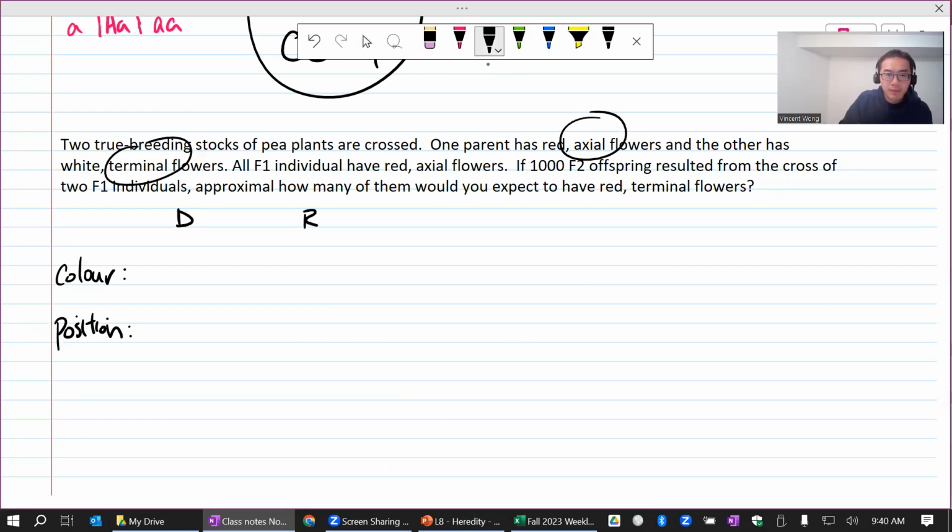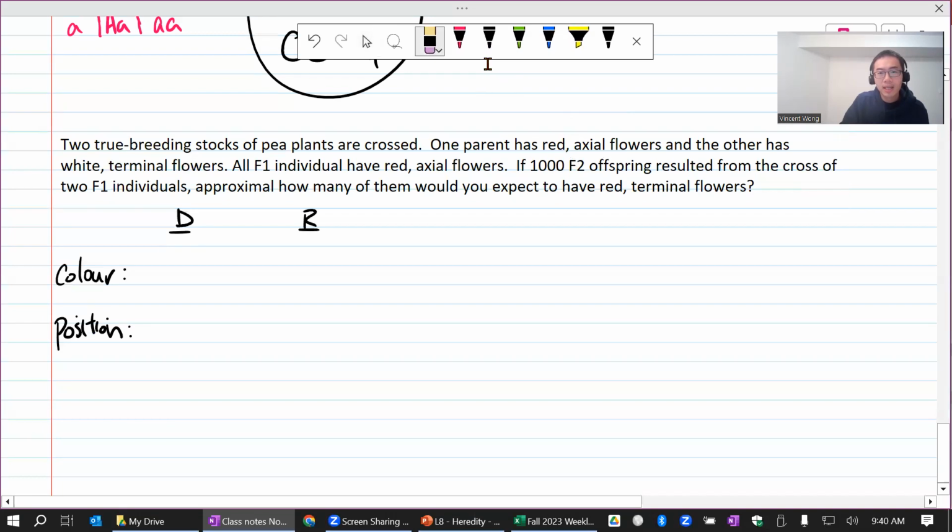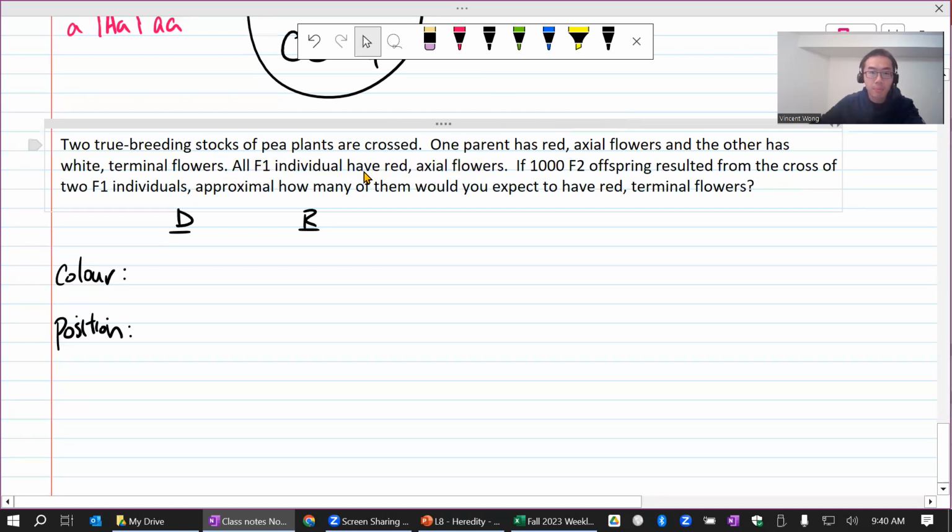Dominant and recessive. Okay. So I know we have colors, red and white, and we have axial and terminal. But so far, I can't tell which one is dominant, which one is recessive, right? But here is the clue. All F1 individuals have red and axial flowers. That's an important clue.